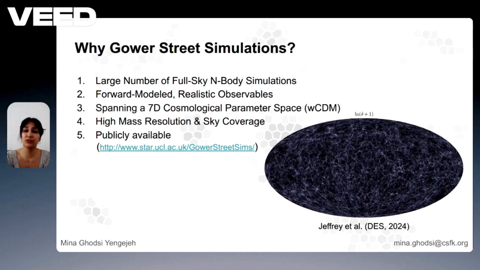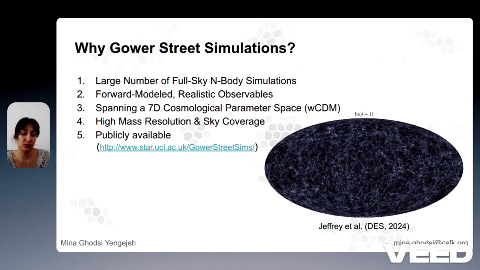But why are we interested in the Gower Street simulation? The most important thing is that it has a large number of full sky n-body simulations. As a part of this project, we want to use these outputs as an input for machine learning. So we needed to have more diverse and different kinds of cosmologies based on different cosmological parameters.